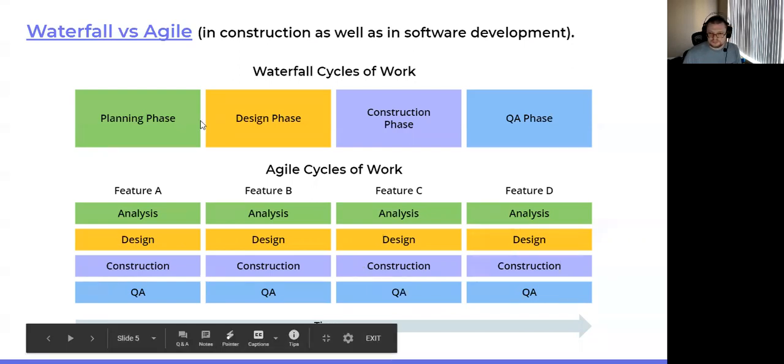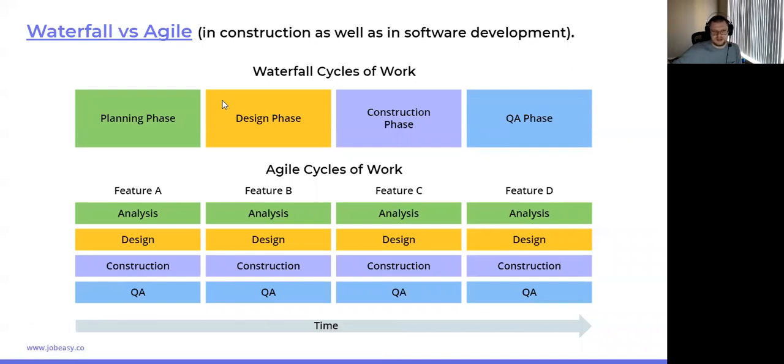Okay. And you can see a waterfall cycle here. It's linear. The whole phase is, let's say, a year to complete the project. Everything is just from A to Z in one run.